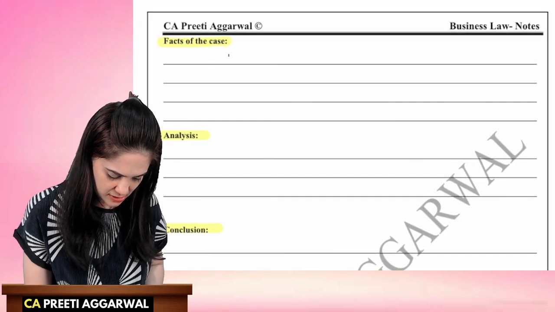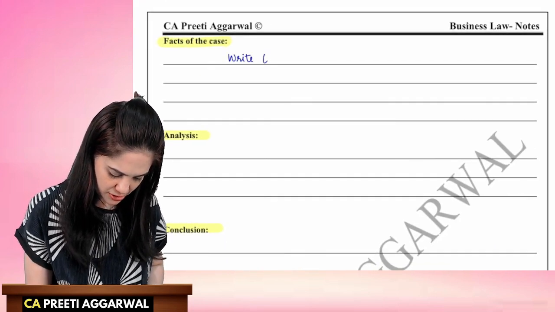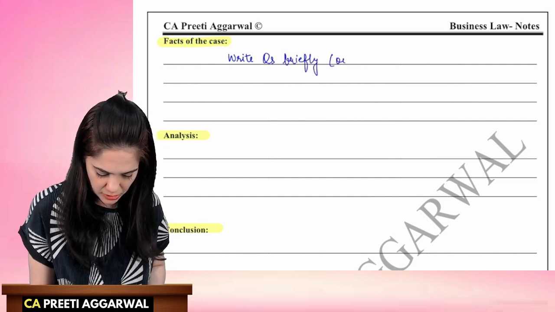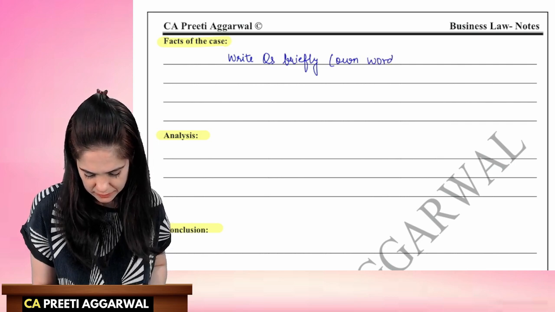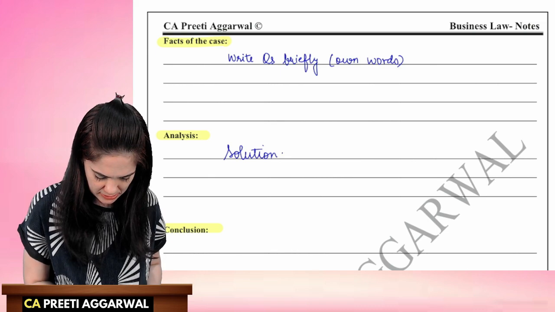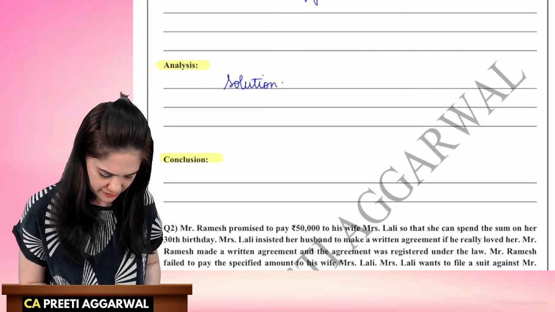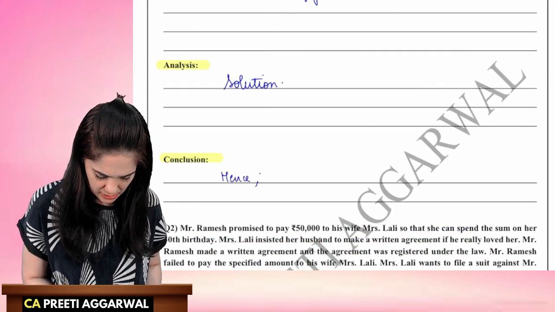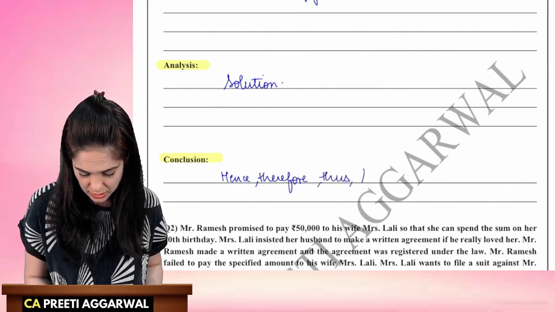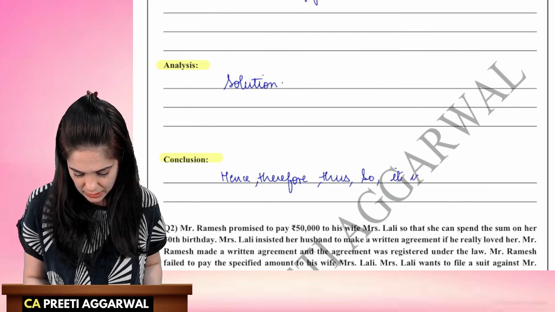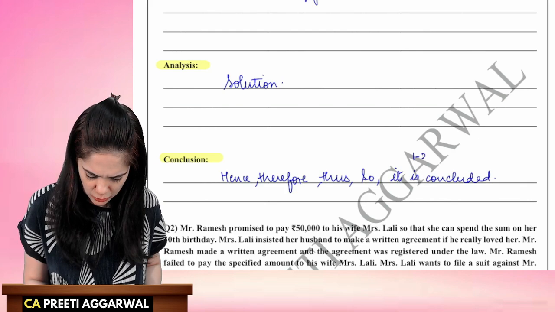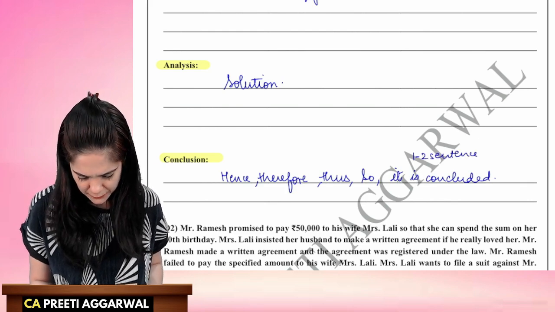You will just write the question very briefly in your own words. Write the solution in analysis, and conclusion will start with hence, therefore, thus, so, it is therefore concluded. In 1 or 2 sentences, you need to conclude.